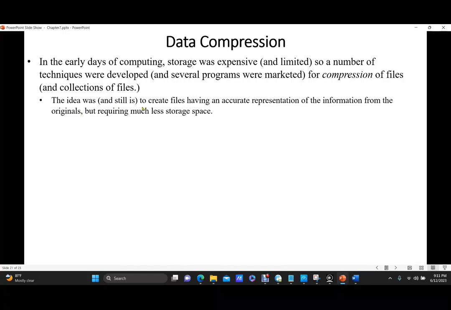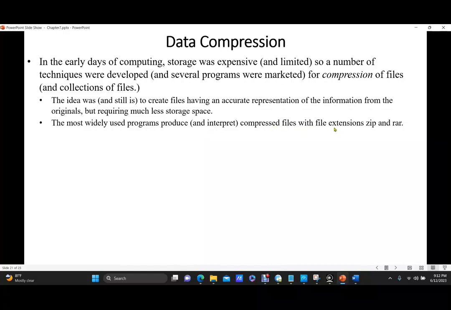The idea is to create a file having an accurate representation of the original information, but requiring less storage space. The most widely used of the programs create compressed files with extensions .zip and .rar.